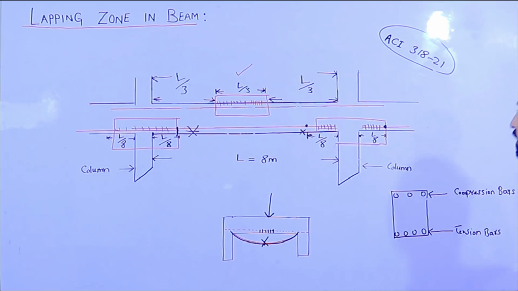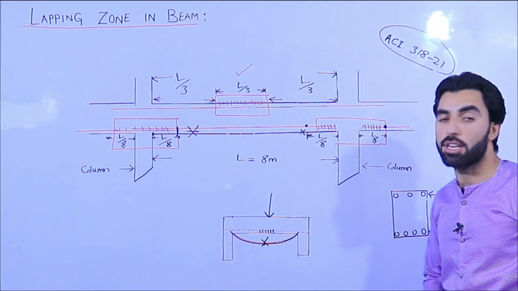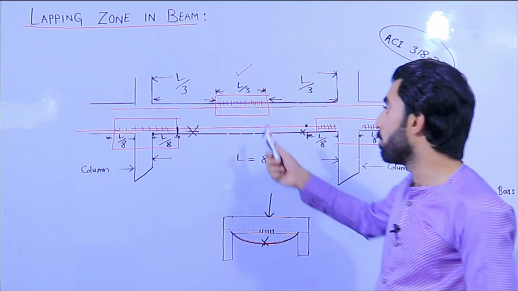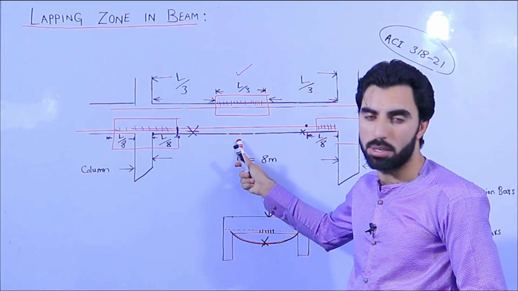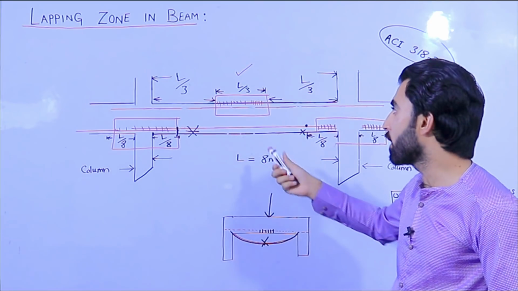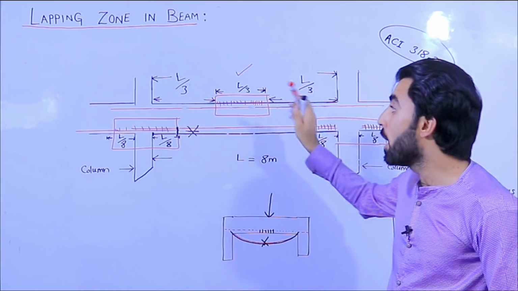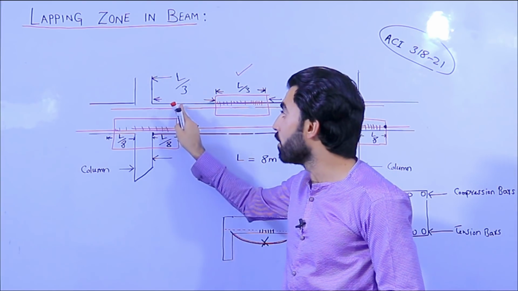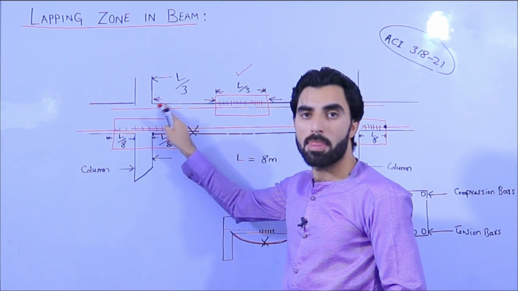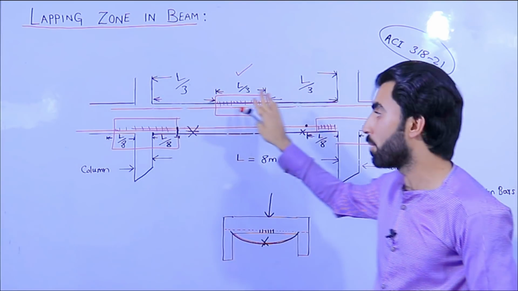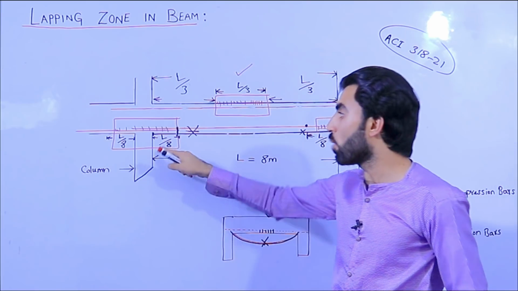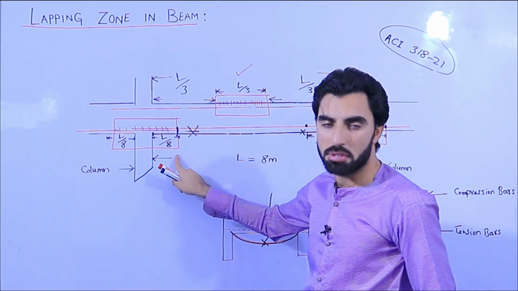In it you can find that the lapping length should not be provided at the mid of the beam. This is not the lapping zone, but for the top portion it is; in the top portion you can provide at the mid. But at the top you can't provide here at this point. That is for a compression member, but in a tension member you can provide with L by 8 distance.